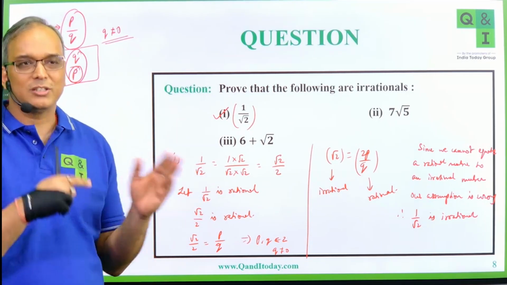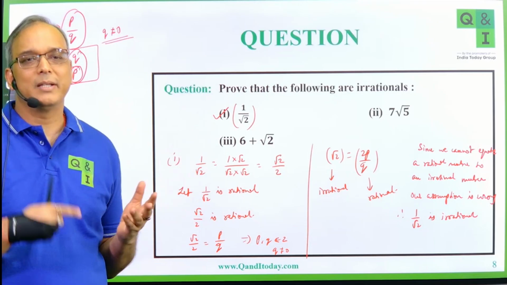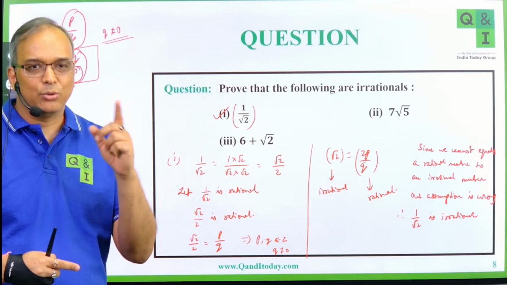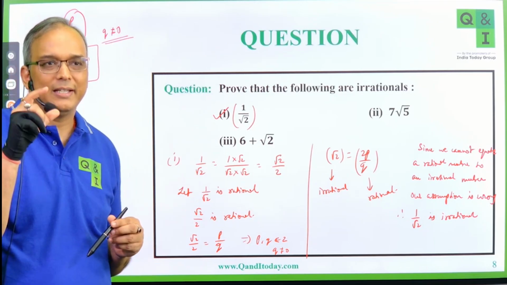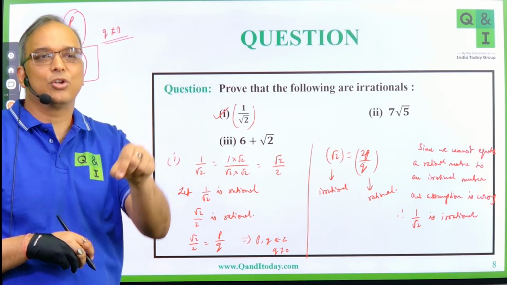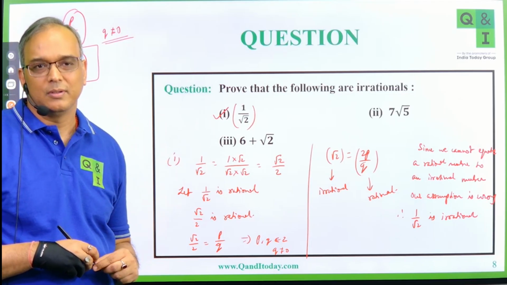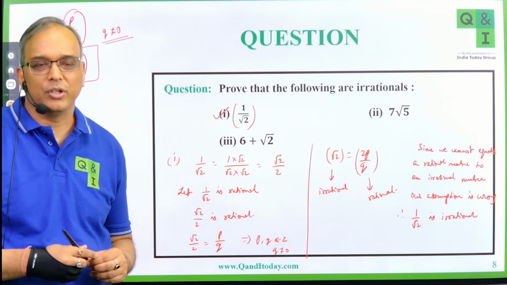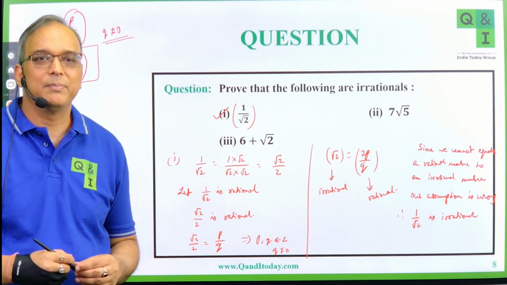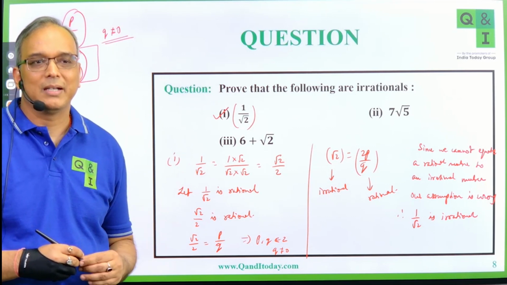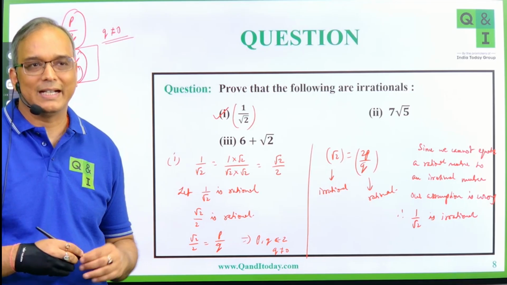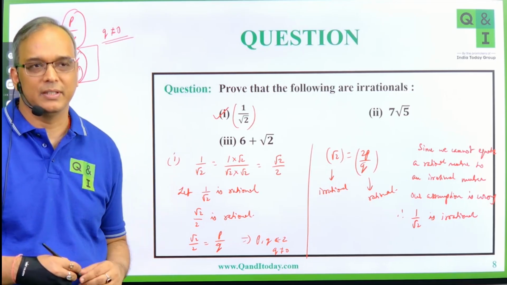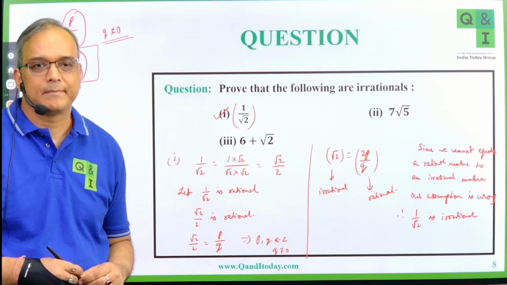But when I do cross multiplication, root 2 will become Q by P. But I have not mentioned that P is also not equal to 0. Right? So that would not be a correct way of doing it. People do that and many people do it that way. But I personally feel that you should be doing it this way. Okay.